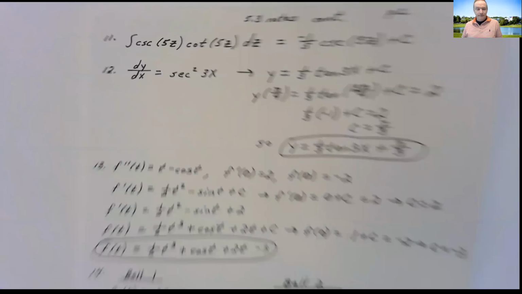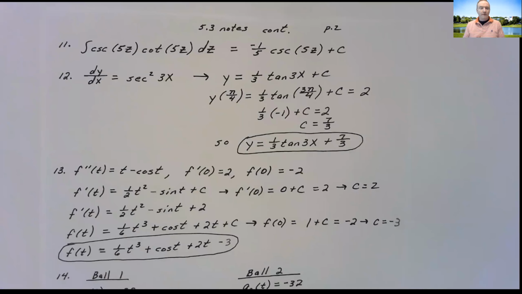Number 11 asks us to integrate, similar to the last one where we had secant tangent. This time I'm putting a cosecant cotangent. So you're supposed to remember from your derivative knowledge, what can I take the derivative of and get a cosecant cotangent? You'd say, well, I know that the derivative of cosecant is negative cosecant cotangent.